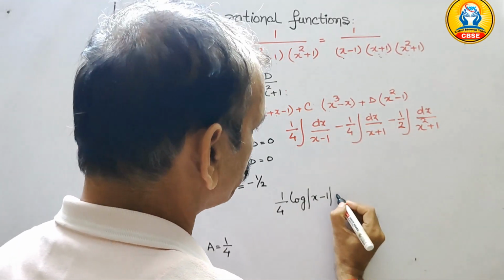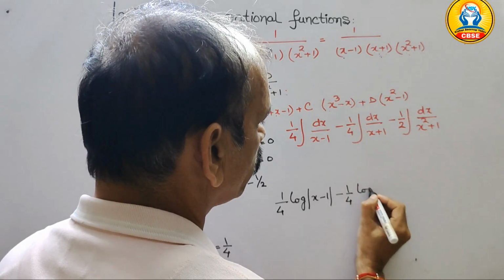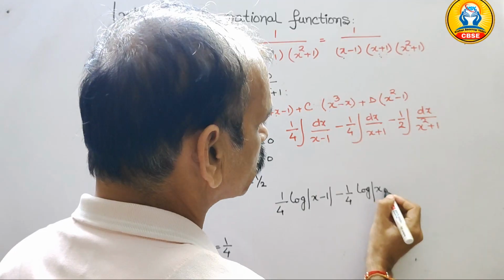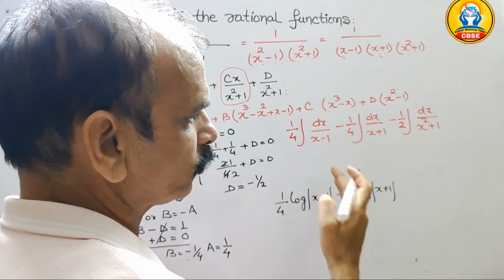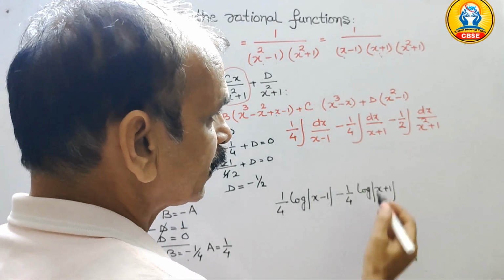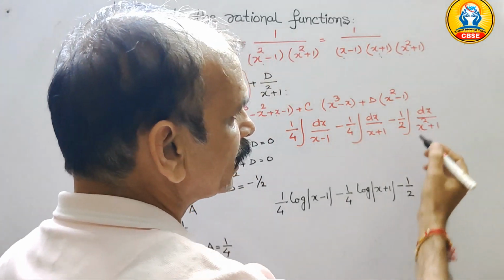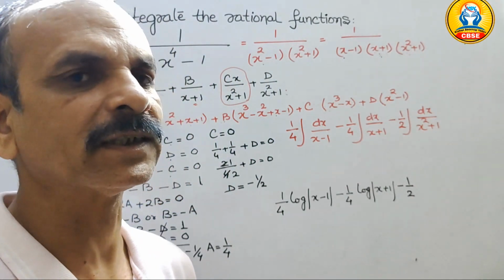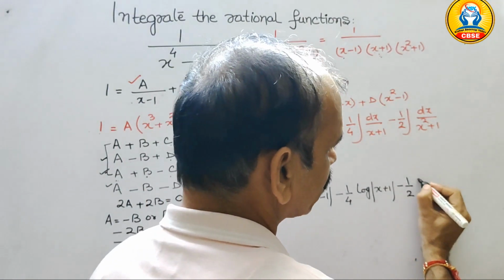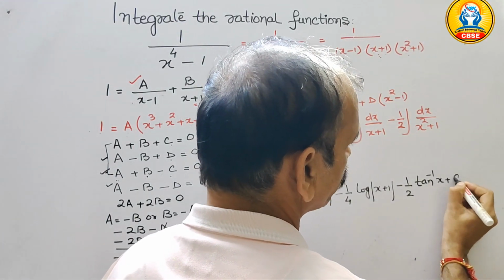Next is minus 1 by 4 log x plus 1. Next is minus 1 by 2 integration of dx by x square plus 1, that is nothing but tan inverse x, plus c.